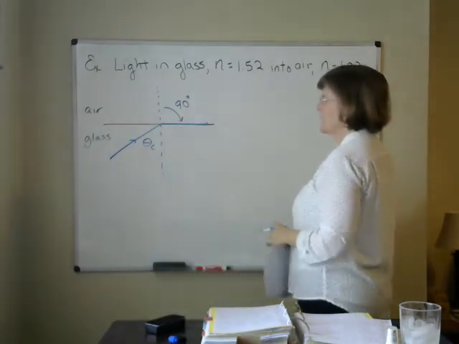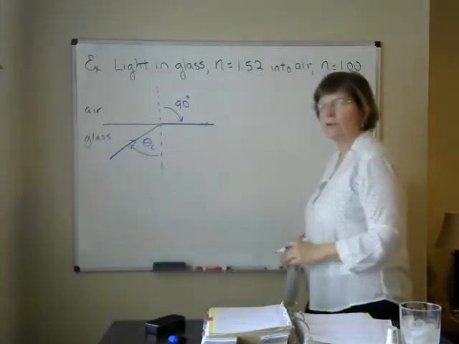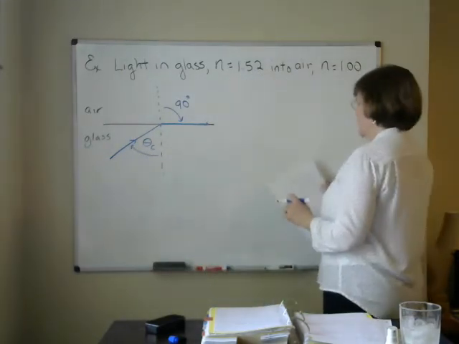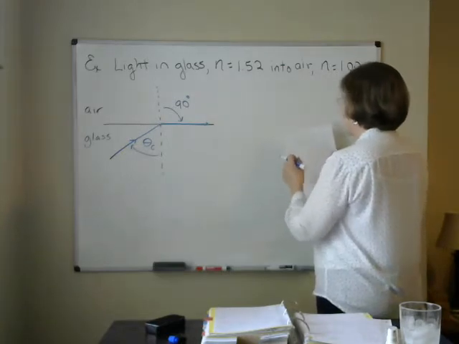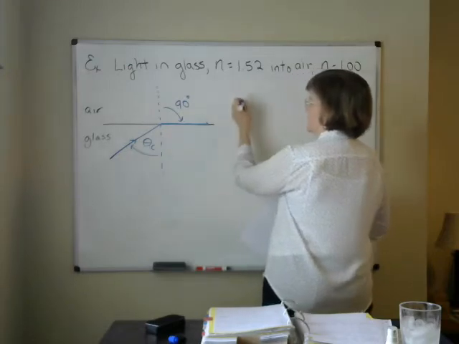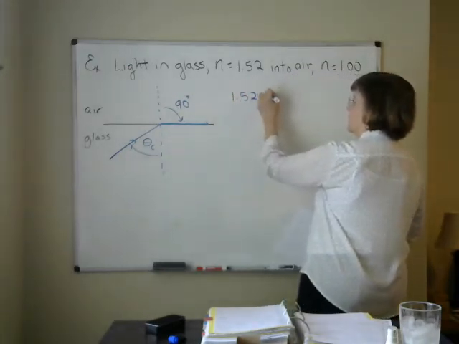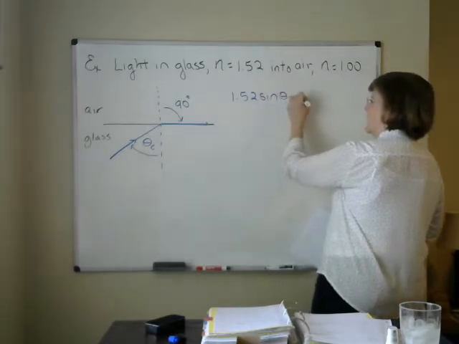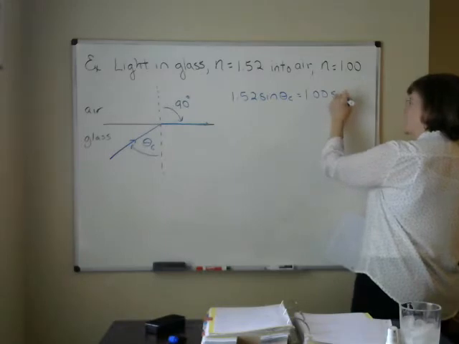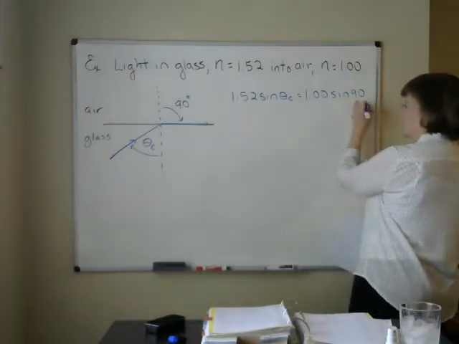Any beam of light that's coming in at a larger angle will be totally internally reflected and it won't be able to escape. So let's go through our math here. We've got glass, that's our initial. So 1.52 sine theta critical equals 1.00 sine of 90. Well, all of that will just equal 1.